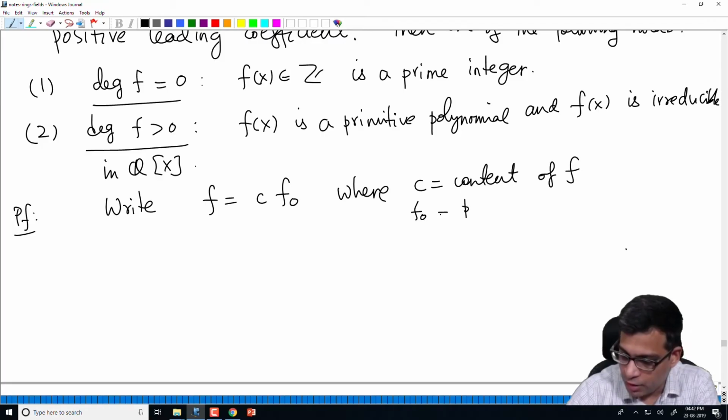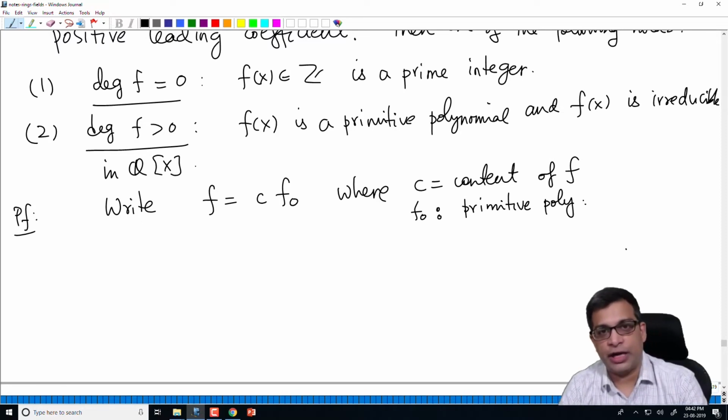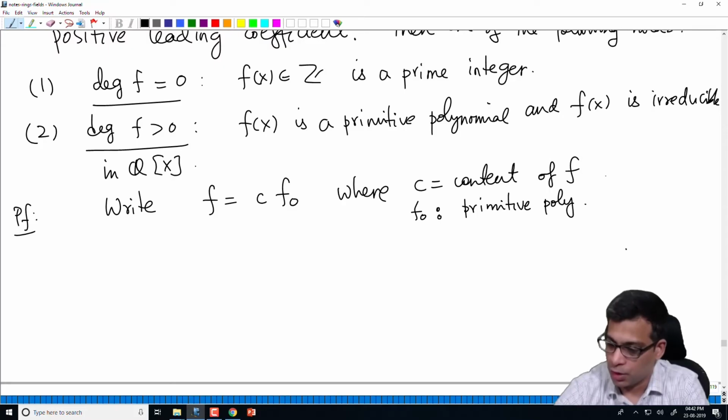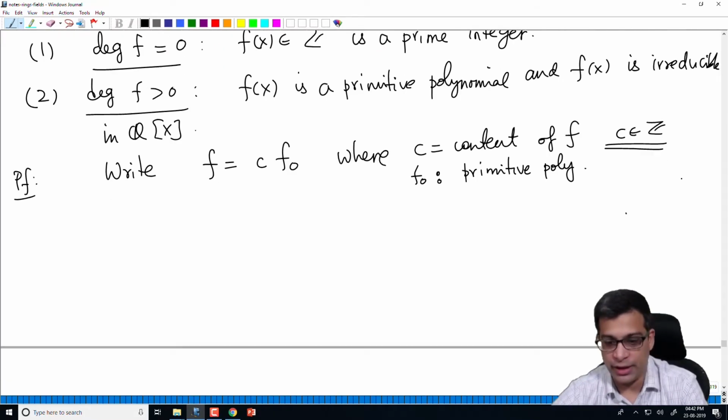Remember, we can write every rational polynomial as a product of a rational number and a primitive polynomial. In particular, we can write every integer polynomial as a product of an integer and a primitive polynomial. Of course, c is in Z here because f is an integer polynomial.